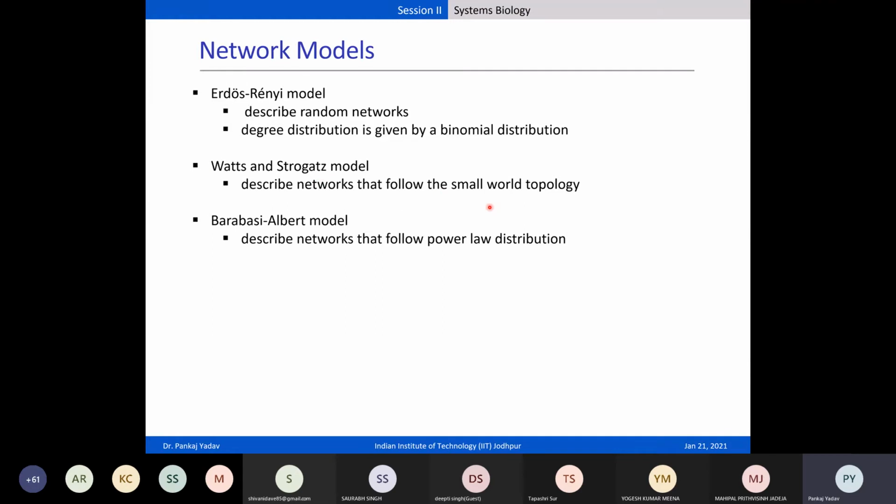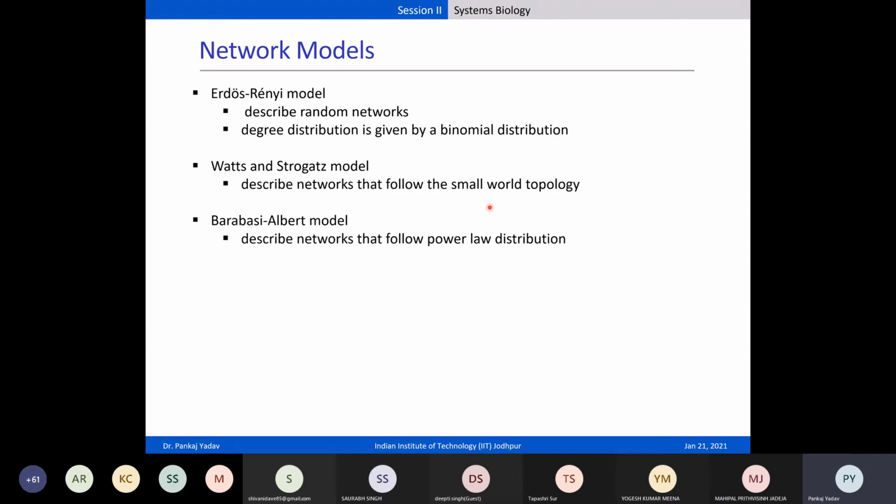Most of the small world networks that we see, for example social networks, or our real life networks that exist, can be modeled with the help of the Watts and Strogatz model.